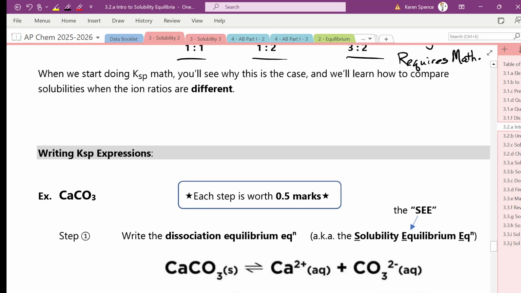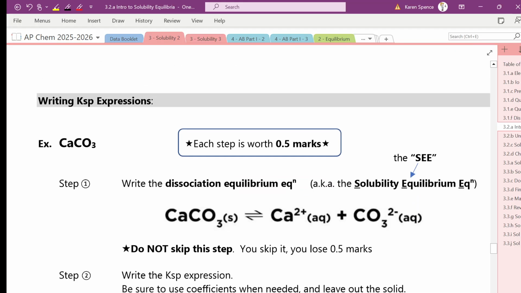Okay, we have a little thing on writing KSP expressions. We're breaking everything down. Each step is worth 0.5 marks. So you write the dissociation equilibrium equation. I should say the solubility equilibrium equation. Actually, dissociation also works. You could call it the D, but I like the C better. So you get 0.5 for this.